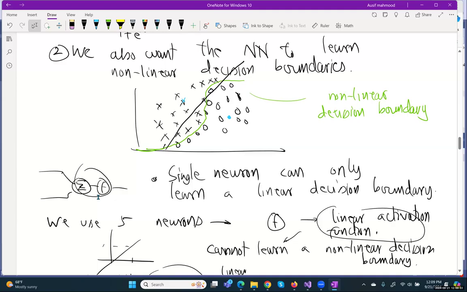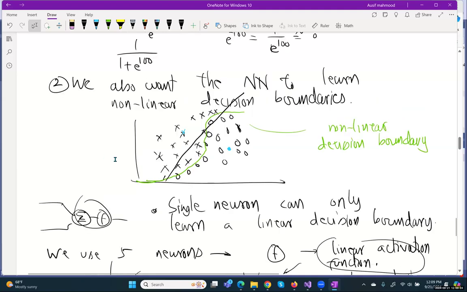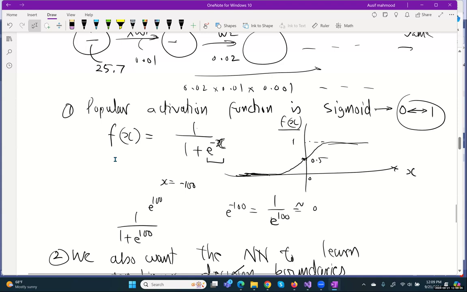This is where we need complex activation functions like sigmoid. You can see it has a curvature over here. As we apply a sigmoid type of activation function, you will see it is able to learn, depending upon how many neurons we use, a nonlinear decision boundary.